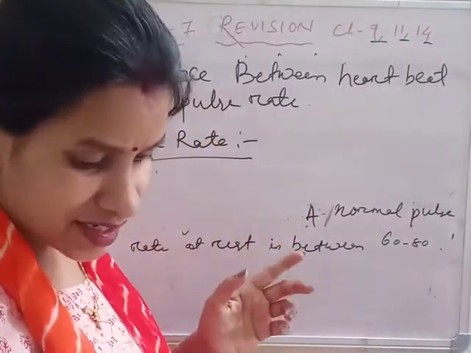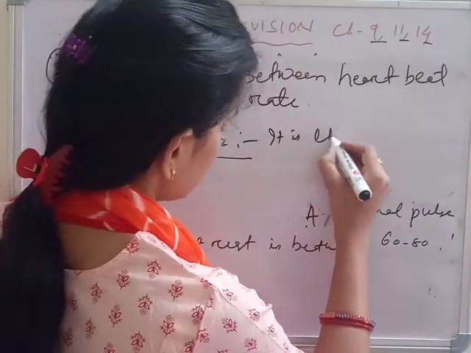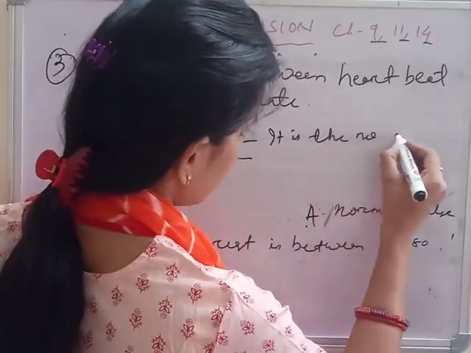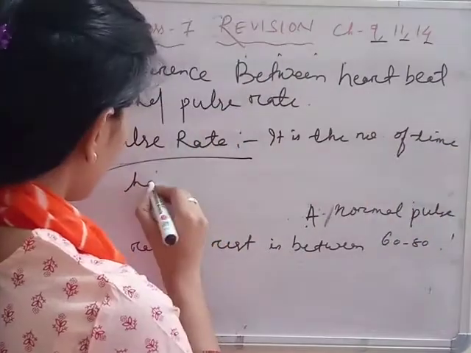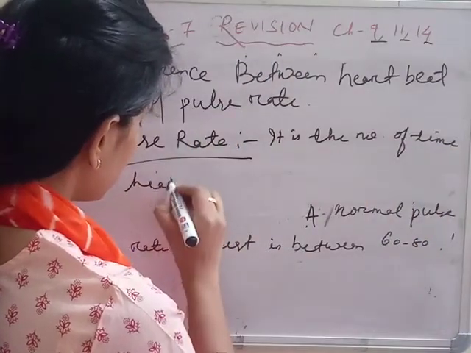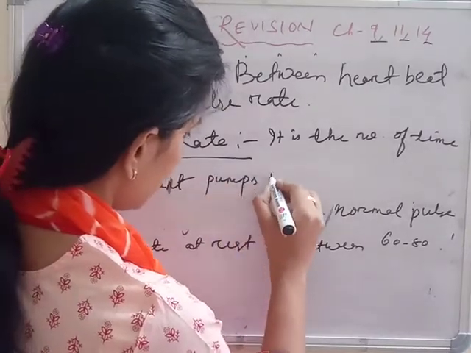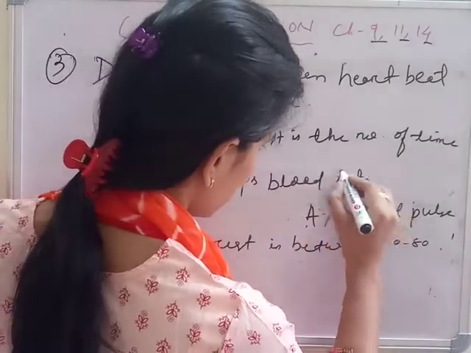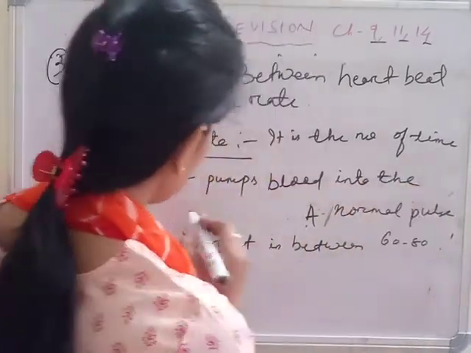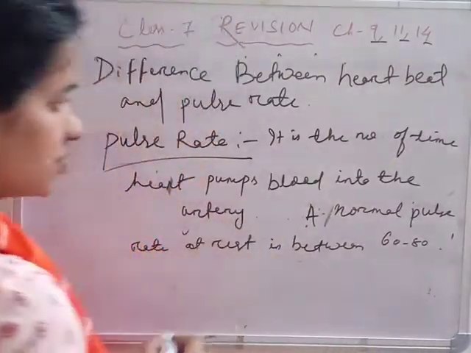So pulse rate is the number of times the heart pumps blood into the artery.